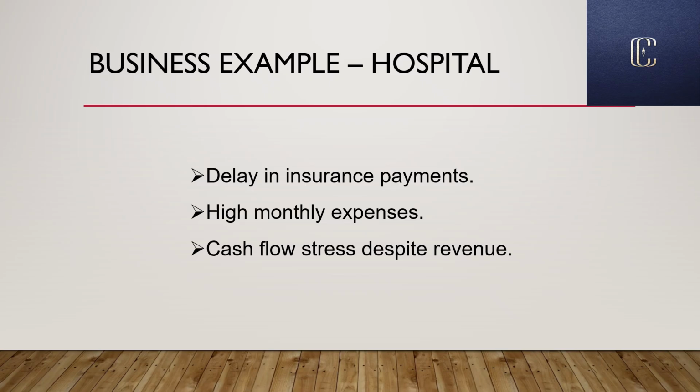This process, from the first stage to the last stage, may take 30 to 90 days or even longer. So hospitals have already provided the treatment, but cash is received much later. Revenue appears in accounts, but cash has not yet arrived.